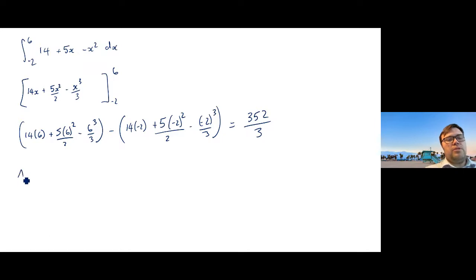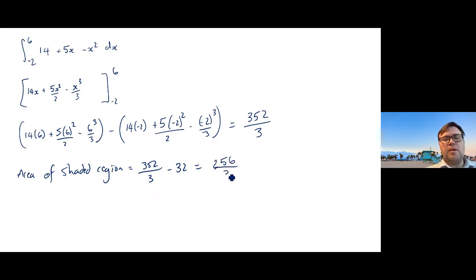So the area of the shaded region equals 352 over 3 minus 32, and that gives us 256 over 3 units squared.